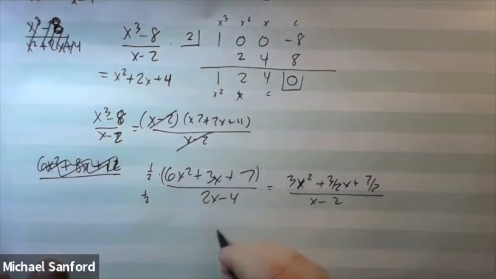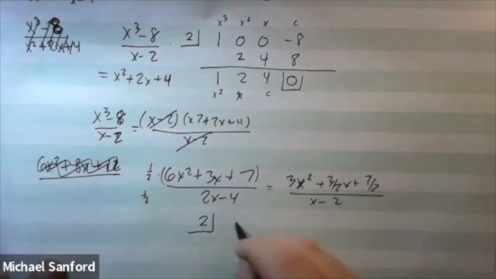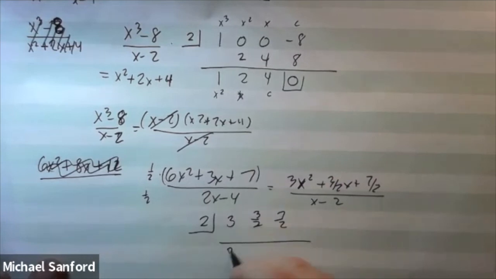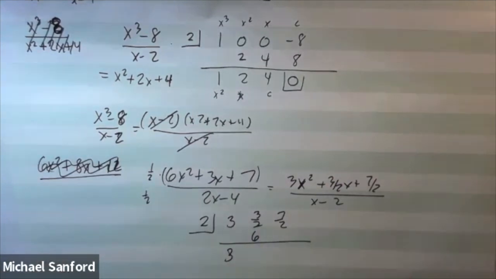So now I have to work with fractions, but it's possible, right? 3 halves, 7 halves, bring the 3 down, multiply those together, you get 6. 6 is actually 12 halves. Add those together, so you're going to get 15 halves.